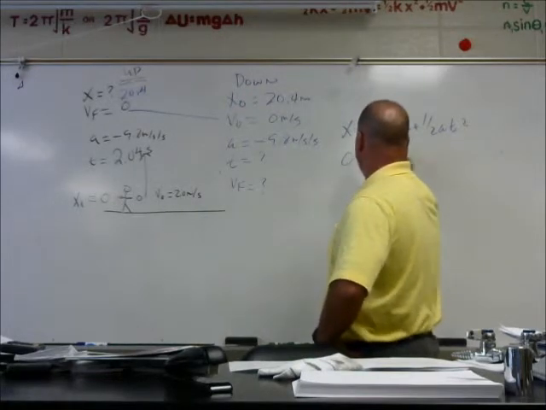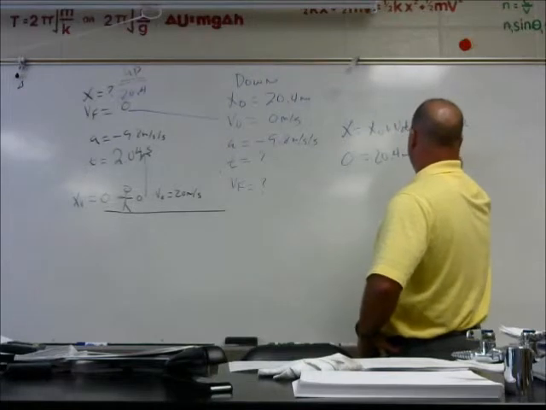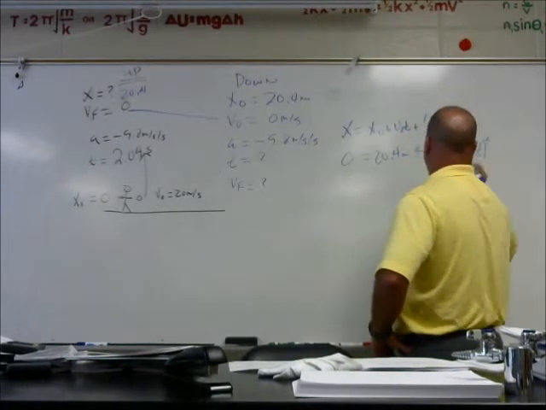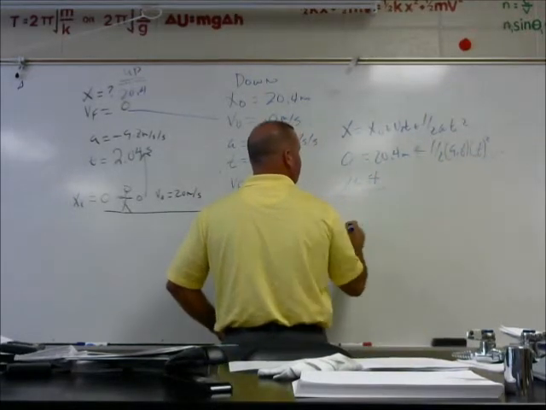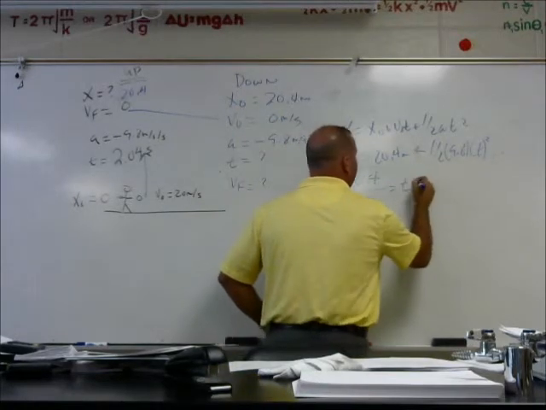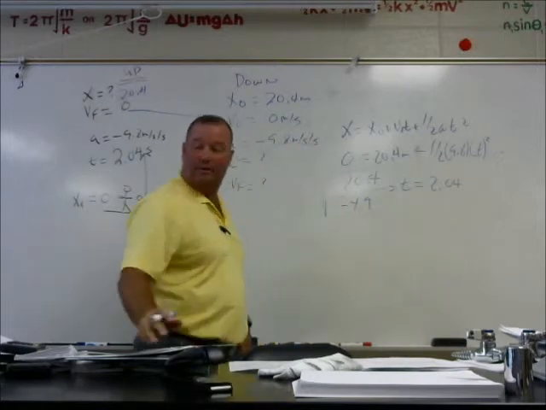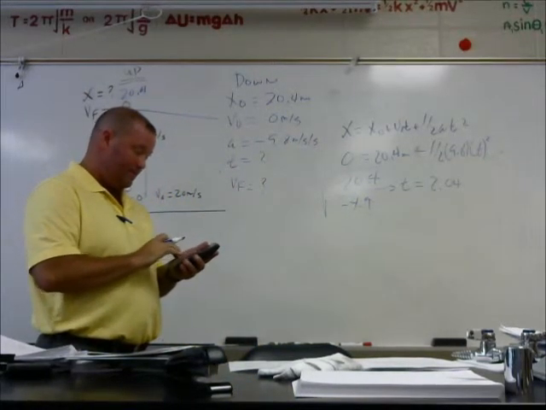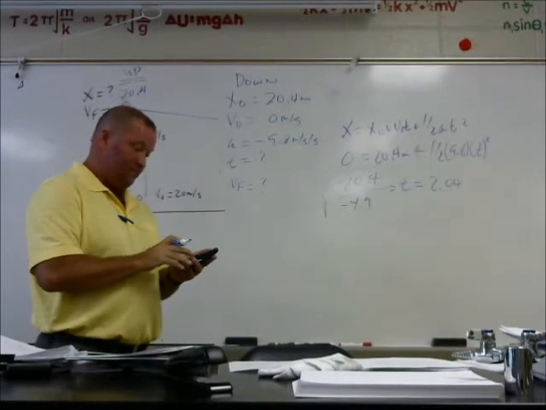My initial is 20.4 meters minus 1/2 of 9.8 times t squared. So I get negative 20.4 over negative 4.9, square root, equals t, and I'm thinking 2.04 is my answer. Oh, it's a miracle.